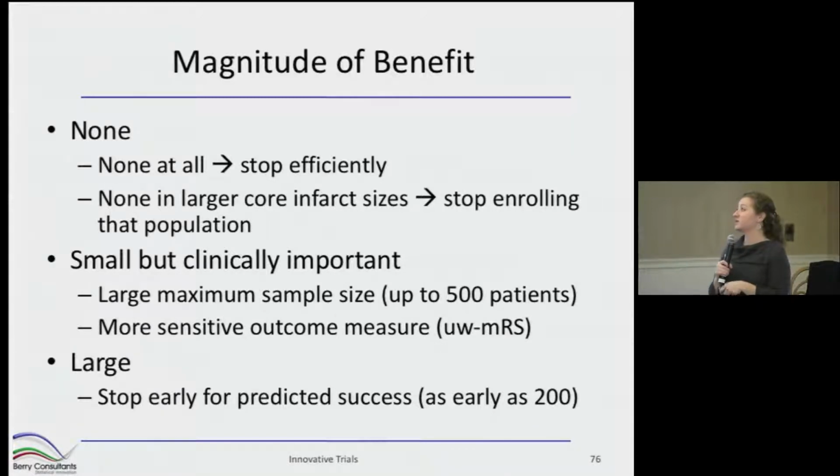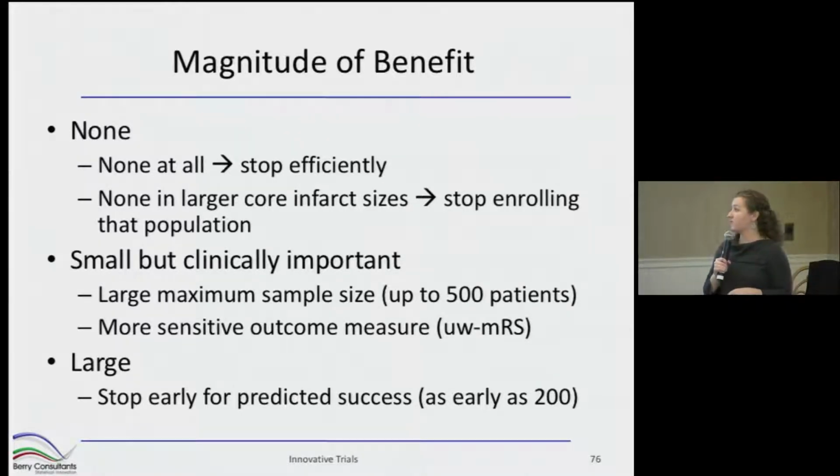But if we see benefit in other areas of the population, we would like to keep going. So if there's no benefit, we want to be able to stop. If there's a small benefit, but it's clinically important, we would like the trial to keep going. So they set a large maximum sample size of up to 500 patients, but then had interim analyses that allowed us to stop early.